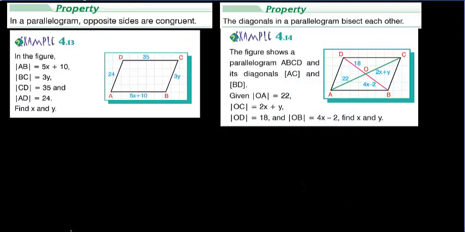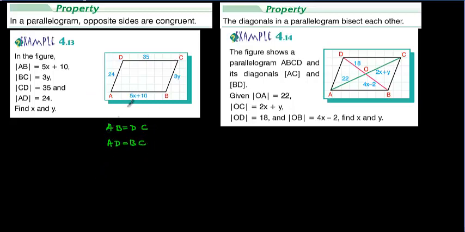Okay, here we have different properties. Opposite side lengths are congruent, which means AB is equal to DC and AD is equal to BC.